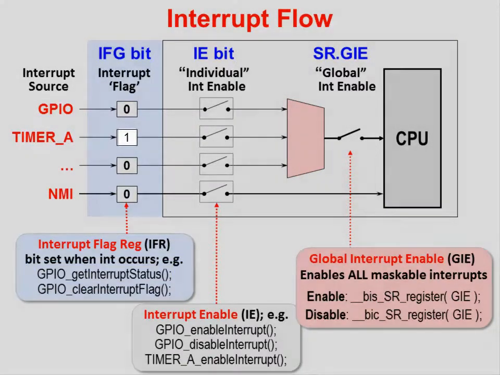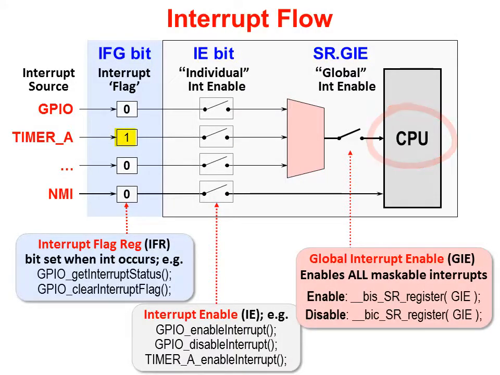Now, when the interrupt flag bit is set, the MSP430 device sees that the signal has occurred, but the signal hasn't made its way all the way over to the CPU yet. For that to happen, the interrupt must be enabled. Interrupt enable bits, IE bits we call them, exist in order to filter out interrupts going to the CPU and thus to your program. With so many peripherals and interrupt sources, it's likely that your program will only care about a few of them.